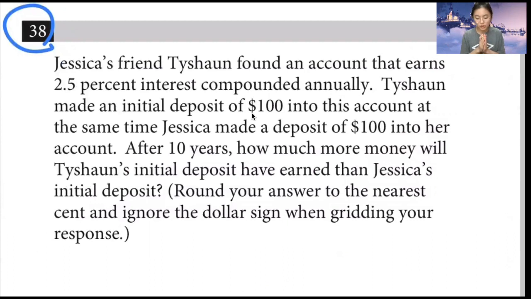Jessica's friend Tyshawn, sorry if I'm butchering the name, I'm really bad with names, found an account that earns 2.5% interest compound annually. So it means it's going to increase by 2.5% annually, which means yearly. So every year it's going to increase 2.5%. Tyshawn made an initial deposit of $100 into this account at the same time Jessica made a deposit of $100 into her account.